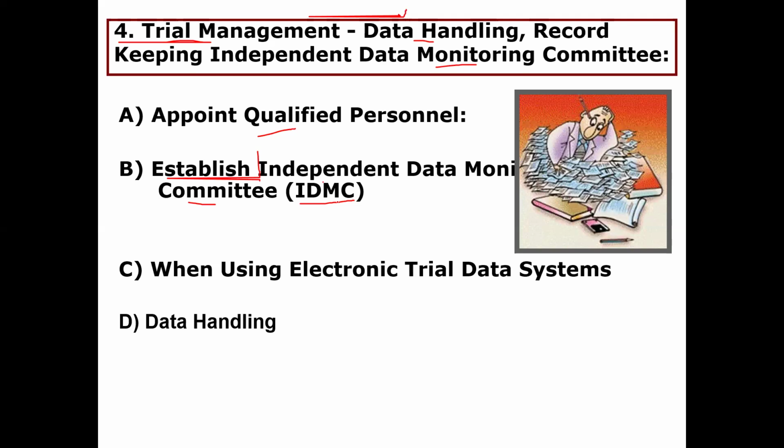Mostly they have an IDMC. For phase 4 or phase 3B, you don't need it because we already have sufficient information by then. Proper electronic management systems: mostly the data we handle in clinical trials is electronic. Why? Because this is advice we are getting from regulatory bodies, because falsification is not easier in an electronic system, and how you are handling the data.